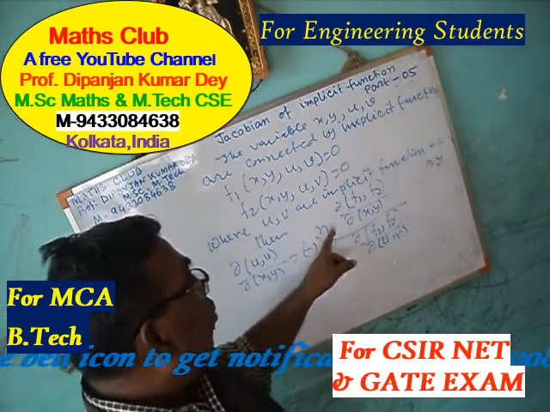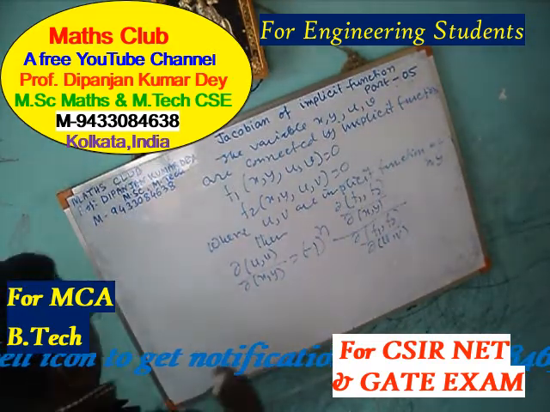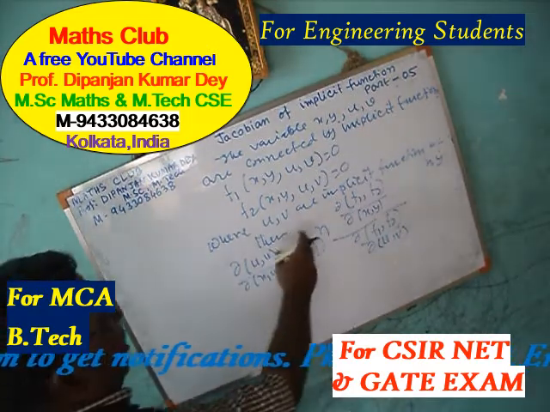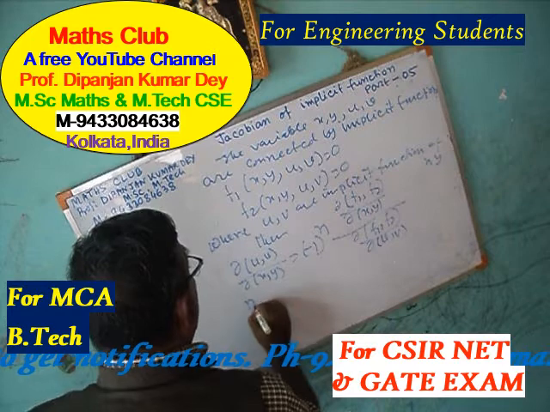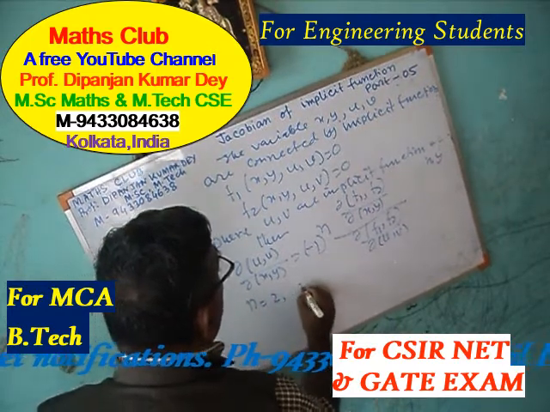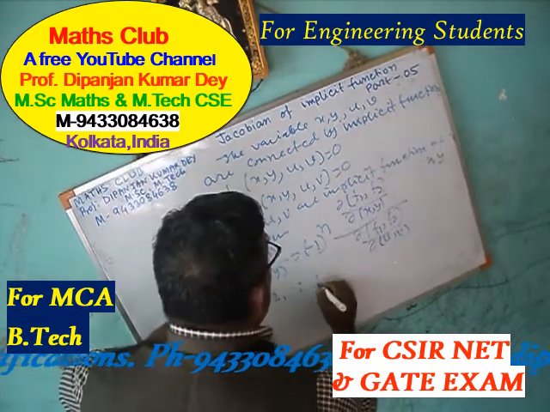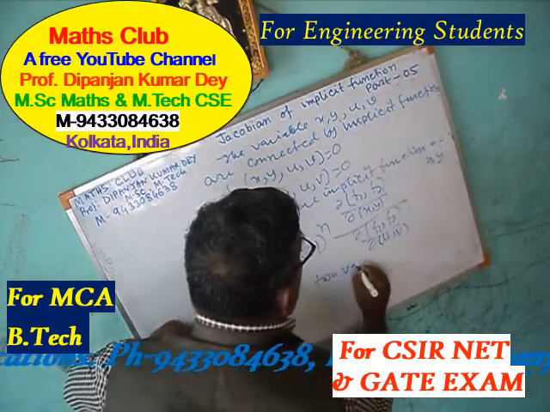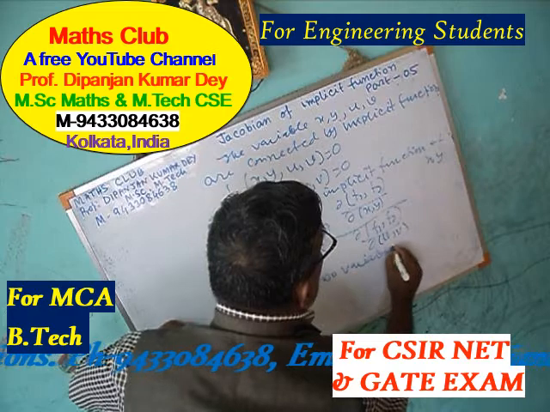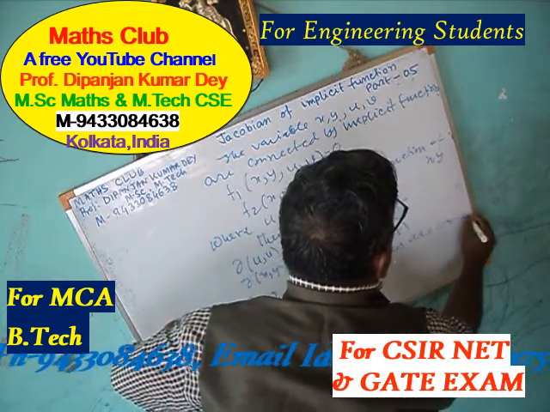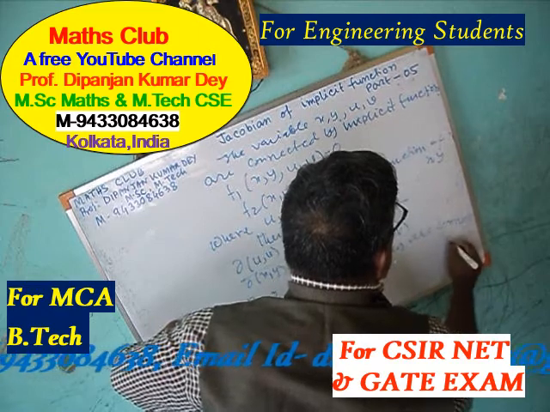Now what is the value of n? Here two variables are connected with each other. Be careful. The value of n equals 2, since two variables are connected to each other.